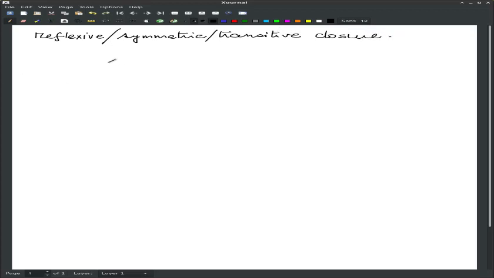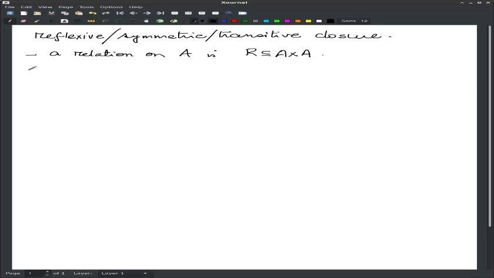Now, over here, the first thing that you must remember is a relation on a set A is just a subset of A cross A, right? Clear?